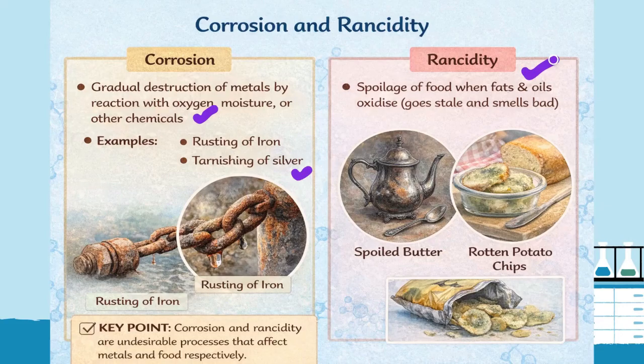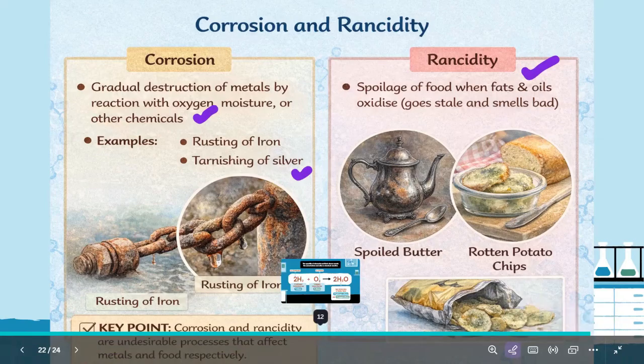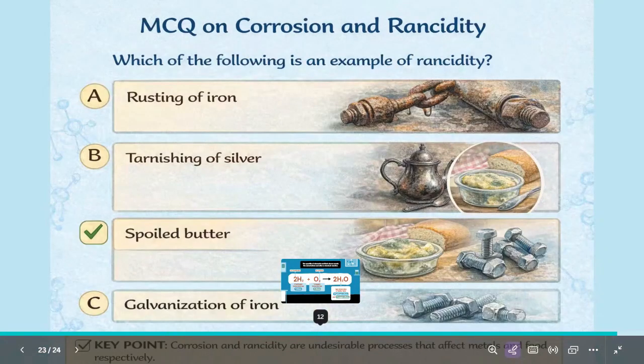We should not eat it, right? So what has happened there? The oxidation of fat and oil in those chips has happened, right? So corrosion and rancidity are undesirable processes. We don't need them, right? But they happen because of the environment around us. Okay. I hope this is clear.